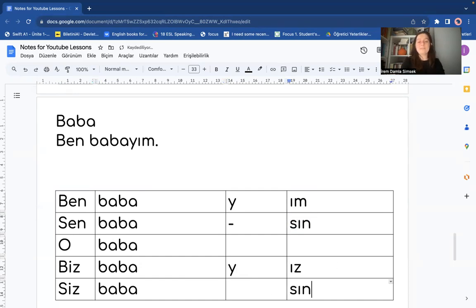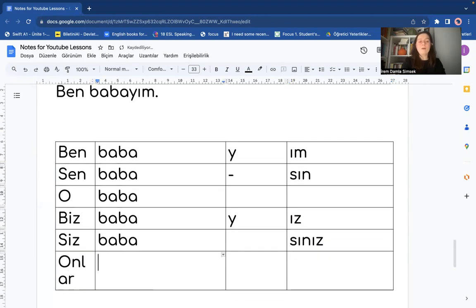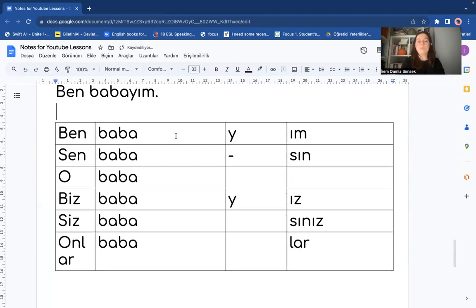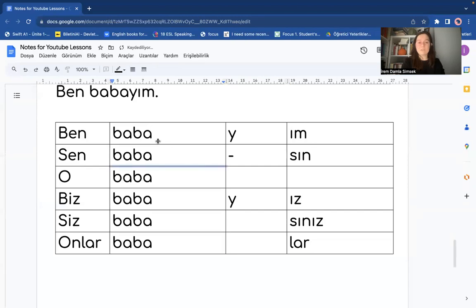Remember our previous lessons: take the second person suffix and the first person plural suffix, and you make a sentence. And what else do we have? "Onlar babalar." We use the Y suffix only when we have double vowels after each other.